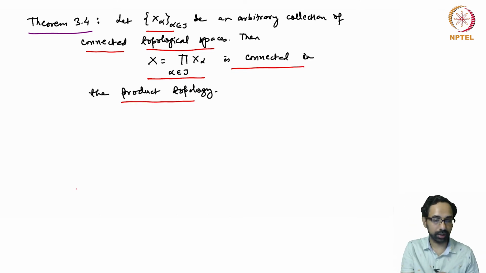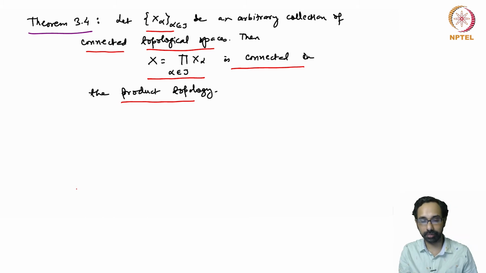So we have seen there are two possibilities to give a topology on the arbitrary Cartesian product. Either we can give it the box topology or the product topology, and in this theorem we will consider the arbitrary Cartesian product with the product topology, and if all the X alphas are connected, then the arbitrary Cartesian product is connected in this topology.